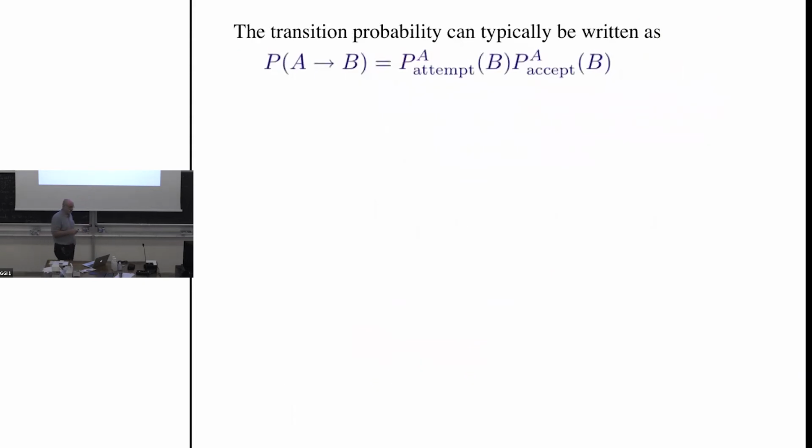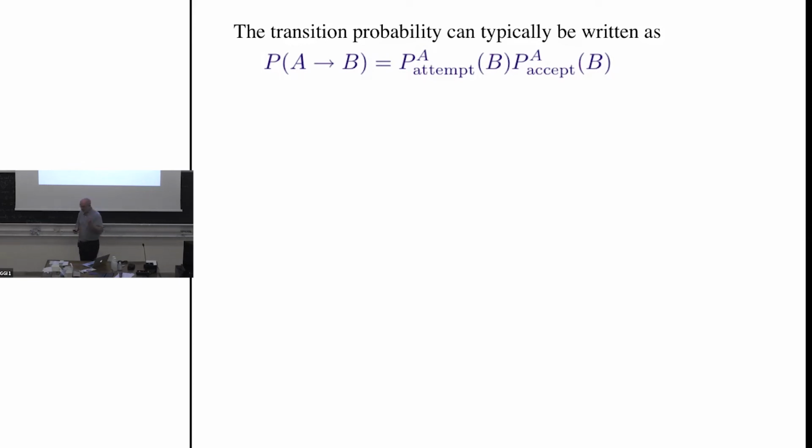So first, we can think of the transition probability as made up of two different stages, two different probabilities. For example, when I take my spin configuration and flip a spin, the first stage is I pick one out of n spins, and most naturally I would pick them with equal probability.